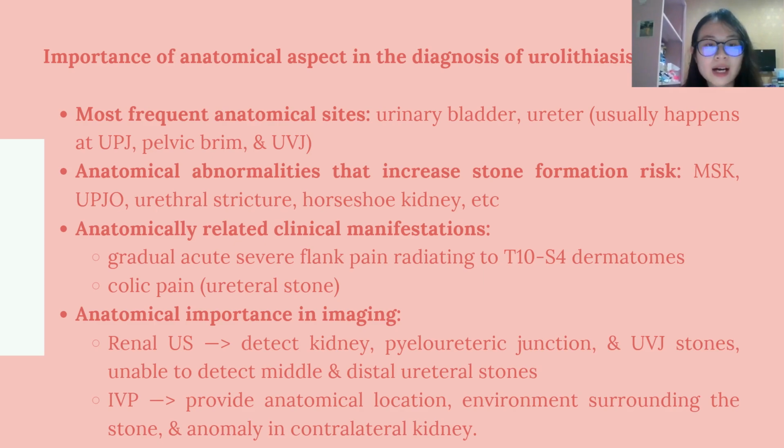Anatomy-related clinical manifestations include unilateral abdominal pain, flank pain radiating to T10 through S2 dermatomes, including the abdomen and genitals, and colic pain in ureteral stone cases. Several laboratory and radiological examinations can be carried out. An anatomical aspect can be assessed through radiological examinations. For example, renal ultrasound is able to identify stones in the kidney, UPJ, and UVJ.